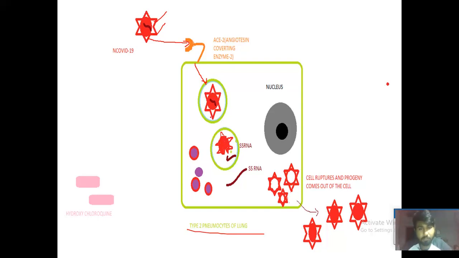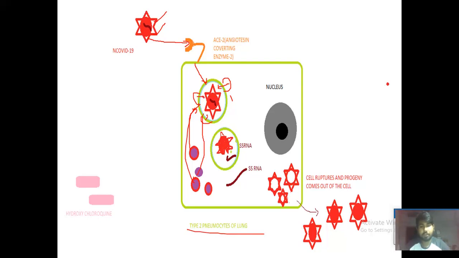So the virus enters the cell and forms an endosome. Now, these bodies are lysosomes. The lysosomes go there and bind with this endosome and secrete their substance, that is proteases, into this endosome.